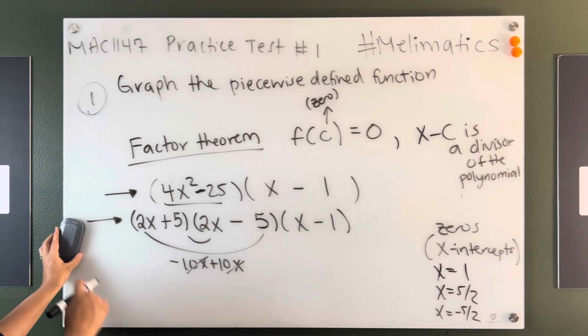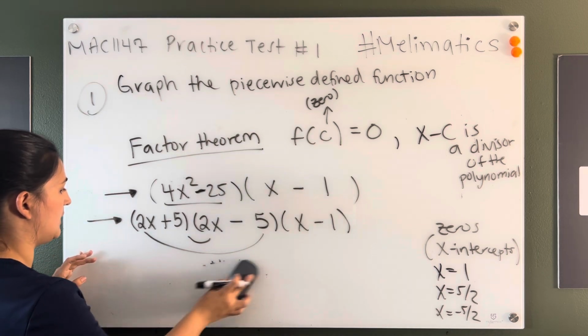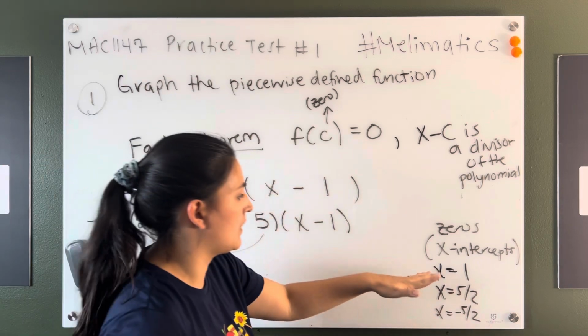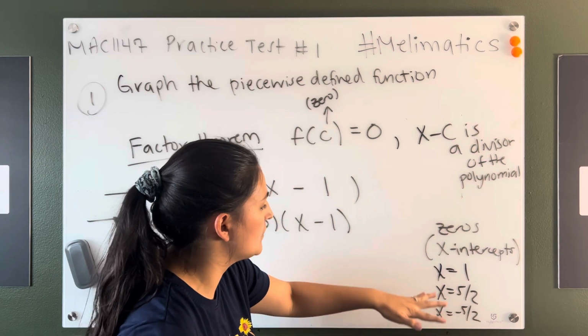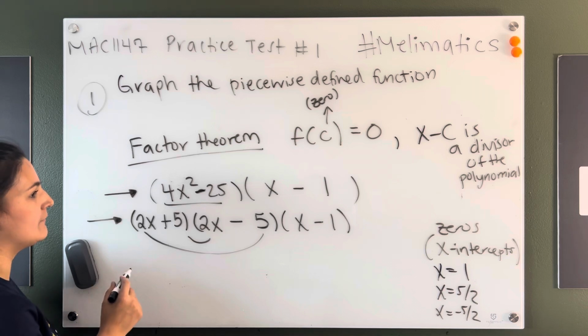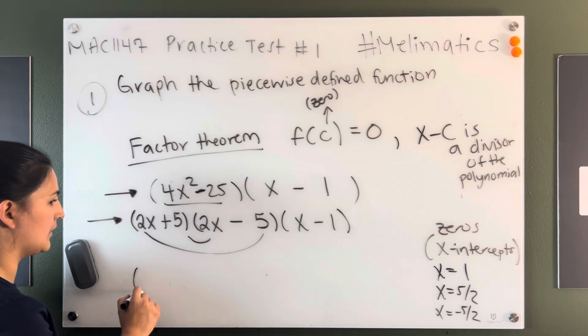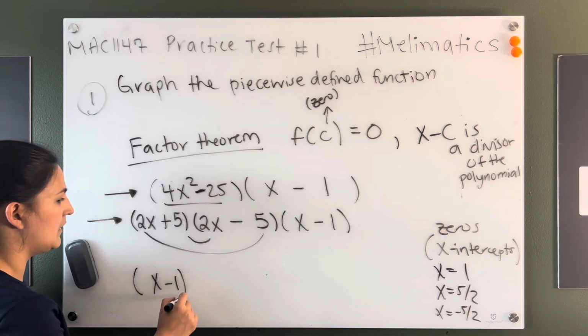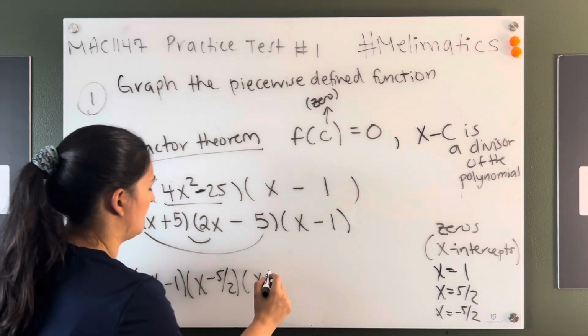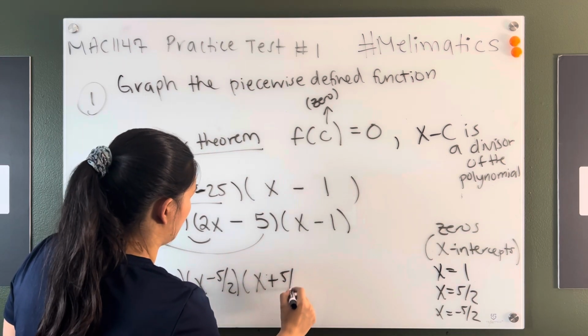Okay, let's say that you didn't do factor by grouping, and instead you did synthetic division to find the zeros, and you found them. You got 1, negative 5 over 2, and 5 over 2. Not a problem. According to the factor theorem, x minus c is a divisor of the polynomial. So in other words, it would be x minus 1 times x minus 5 over 2 times x plus 5 over 2.